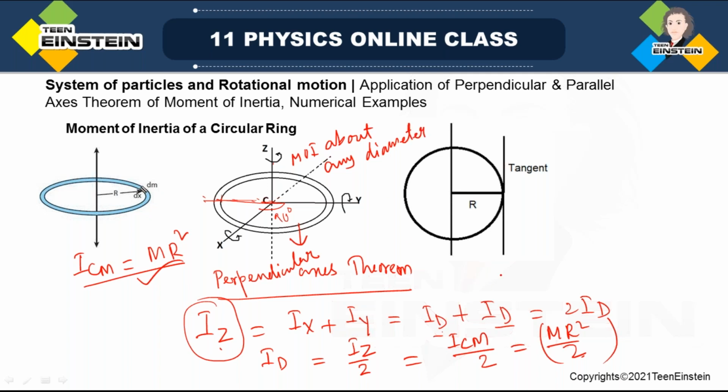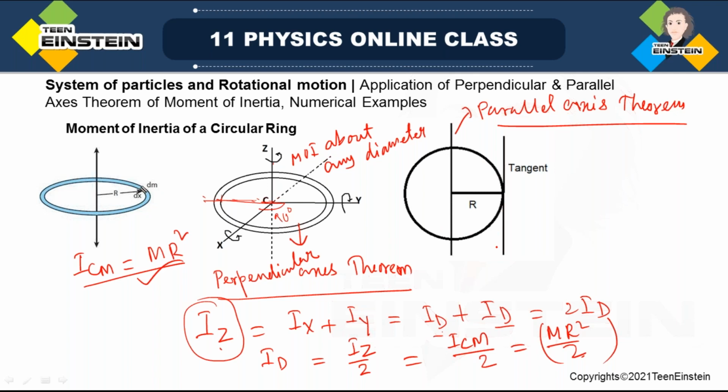Now I'll take another case, where I'll be applying the parallel axis theorem. Let me tell you first what this figure is saying. This is a ring, the same ring, which I have drawn separately, with mass only at the periphery.